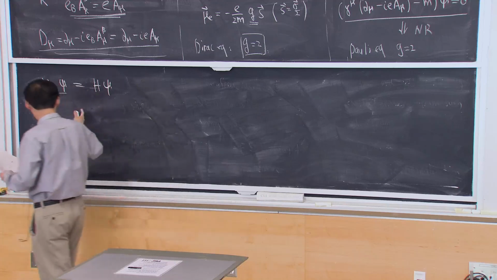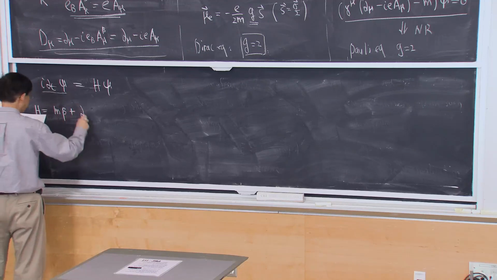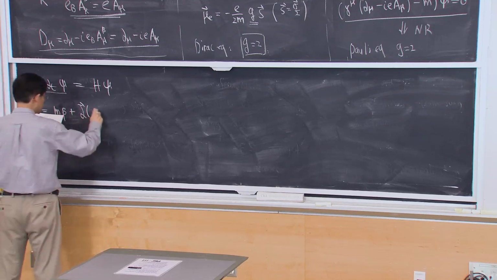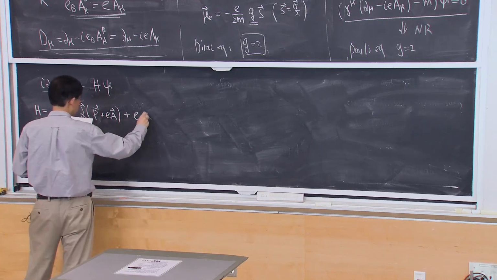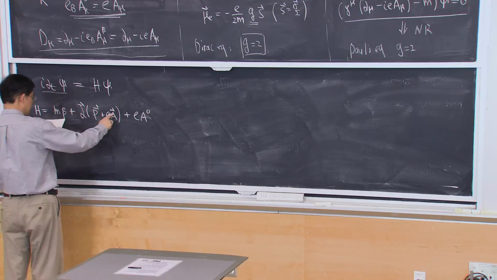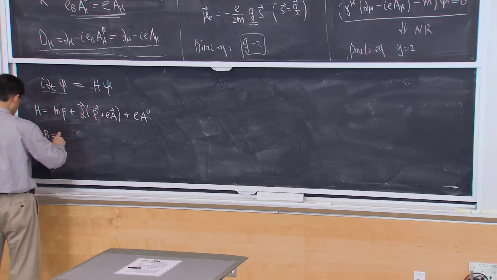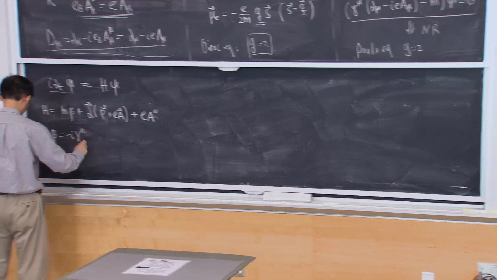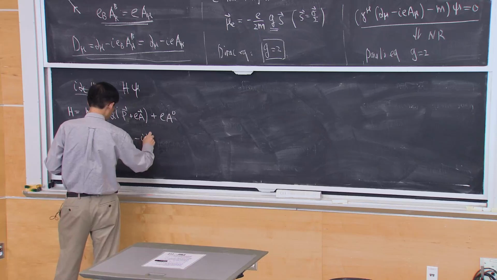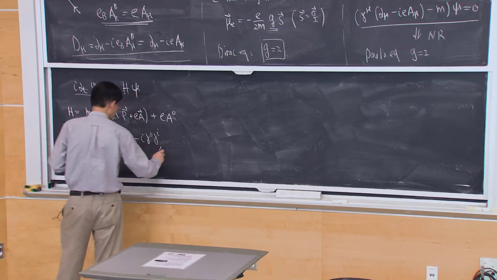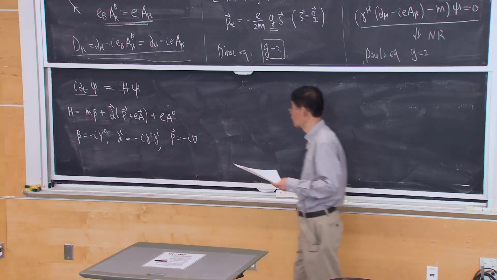So through that procedure, you have H equal to m times beta plus alpha dot (p plus eA), then plus eA0. eA0 is the 0 component of A, and eA is the vector component of A. So beta is just gamma 0, and alpha i is equal to minus i gamma 0 gamma i, and p equal to minus i gradient, just the standard gradient operator.